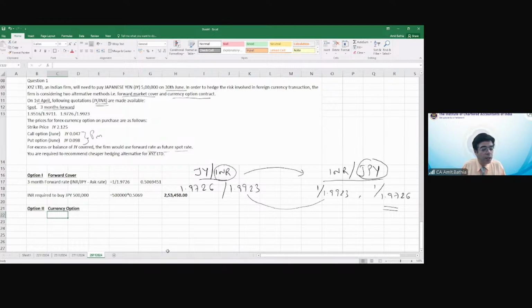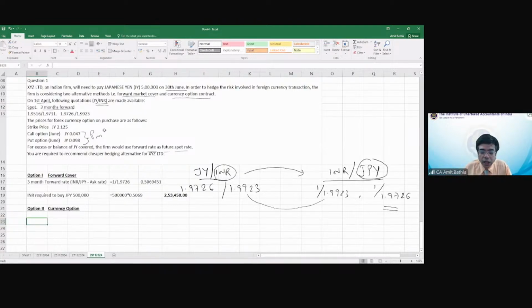So should I be buying an option over here? Now the prices for forex currency option on purchase are as follows. Strike price is Japanese yen 2.125. Call option, put option is given to you, right? That is my strike price.